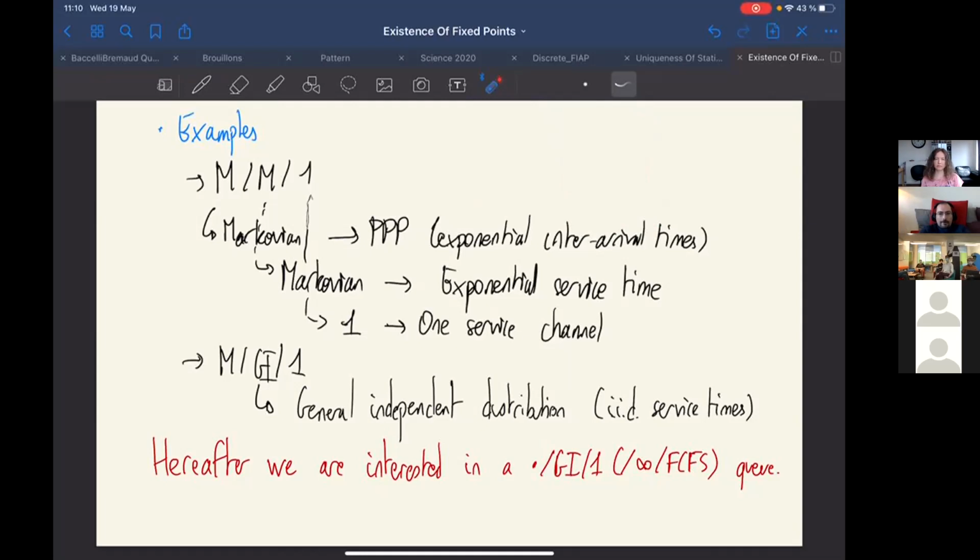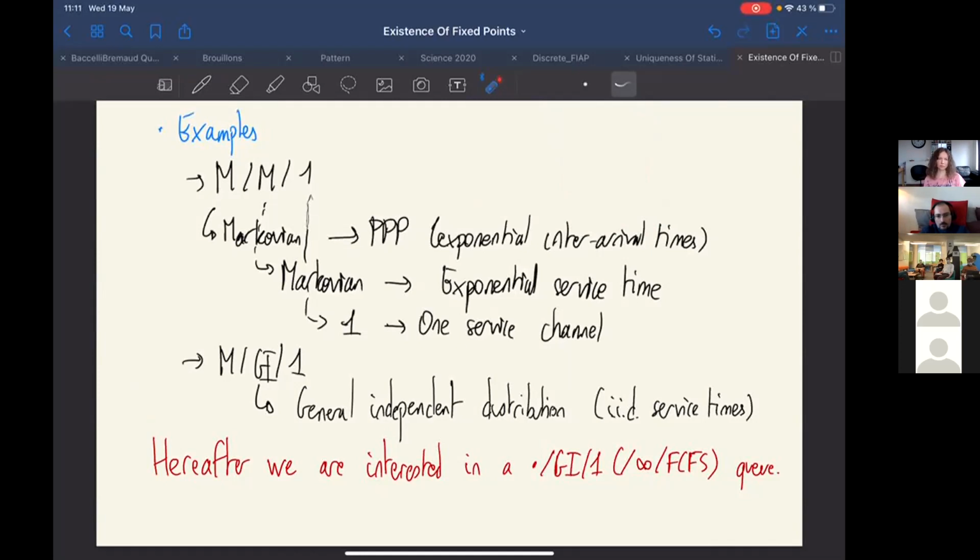They can model many things. There can be applications in, I want to say, actual customer service, or of course in communication networks, or even in neuroscience, which is my motivation for studying this object.